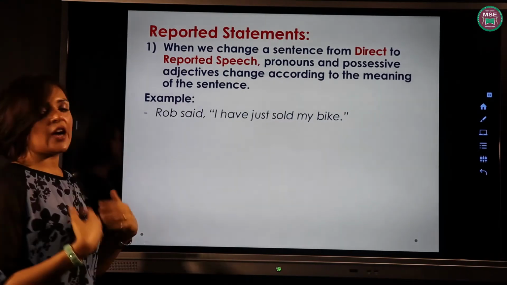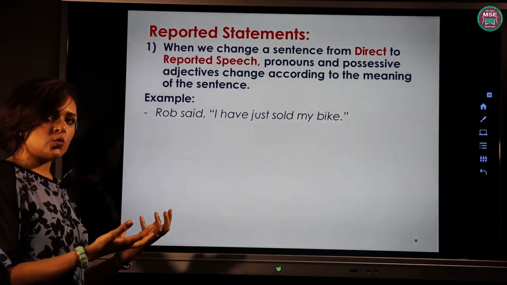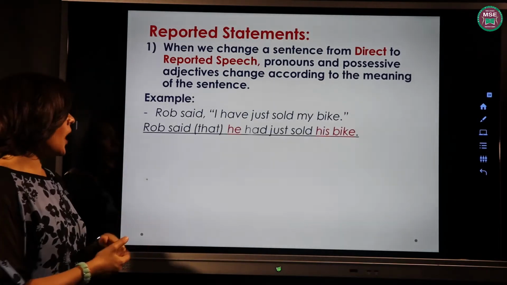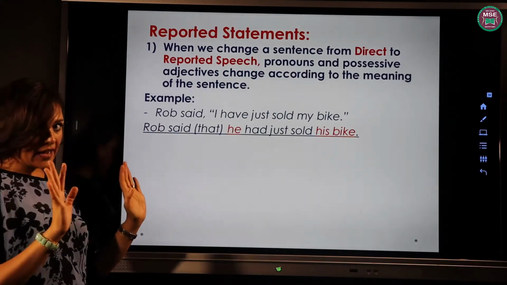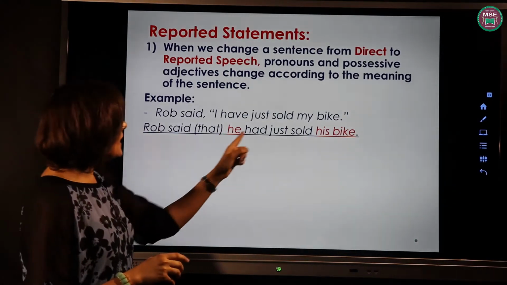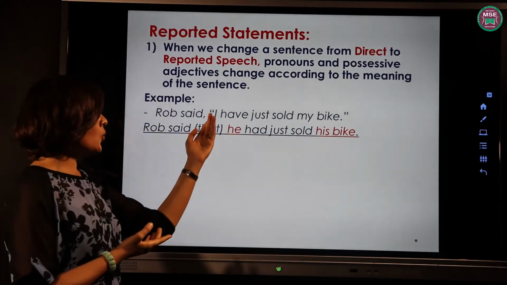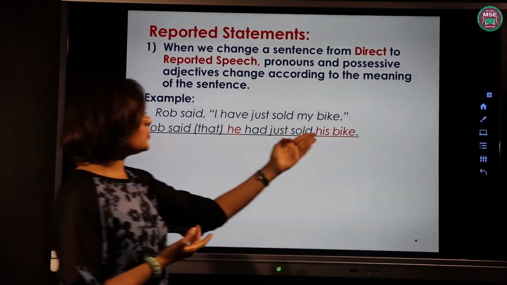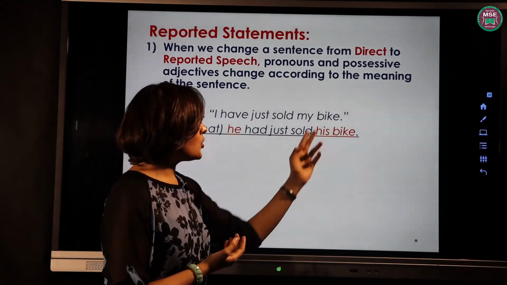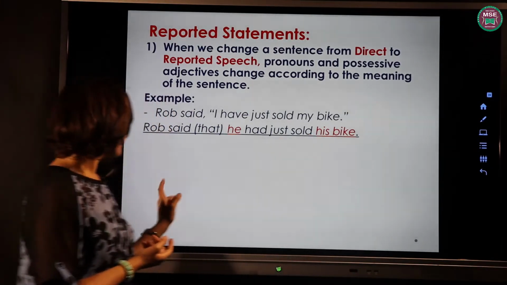In this case, when I change it to indirect, I have to speak about the person who said those words. So I will say, Rob said that, I can remove that as we said before, he had just sold his bike. So we have the word I changed to be he as a pronoun. And we have here my bike, which is a possessive adjective. It will be his bike.